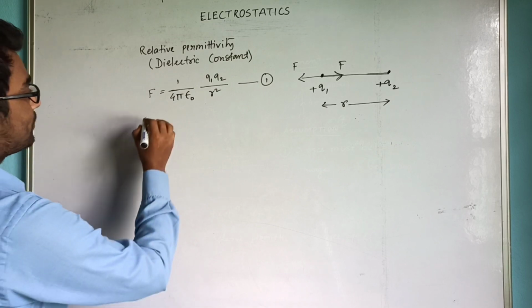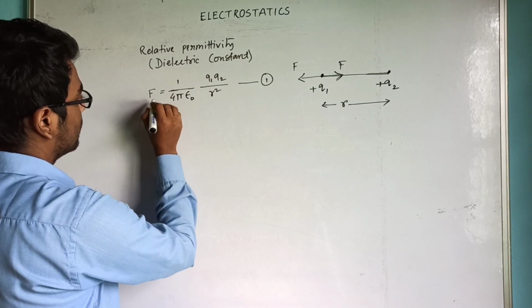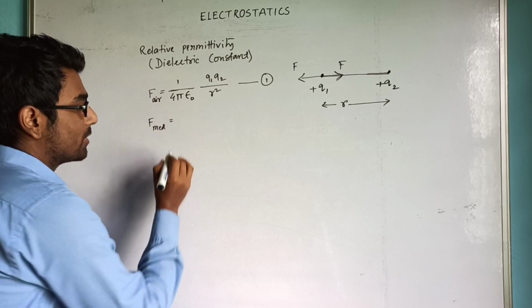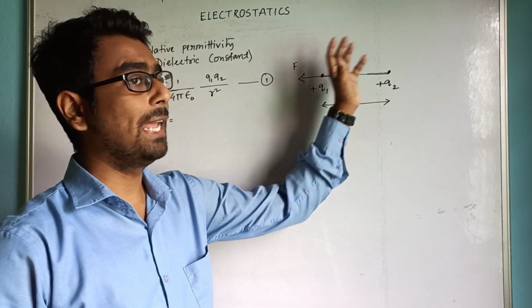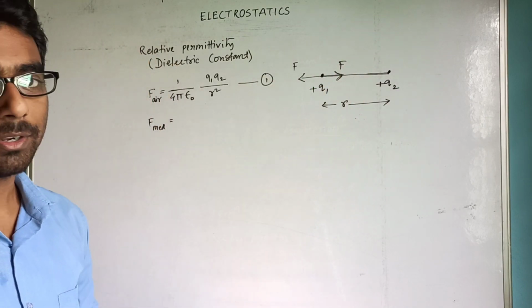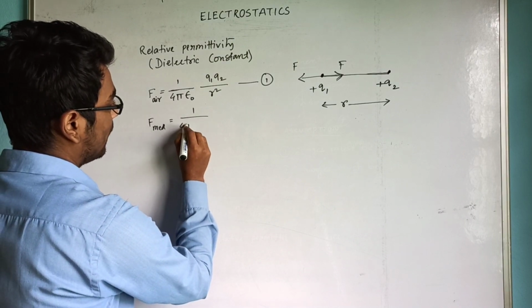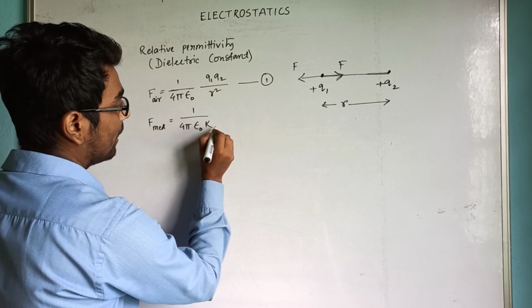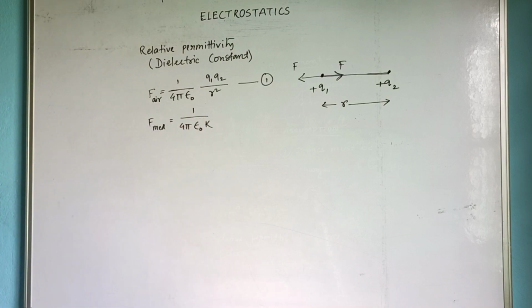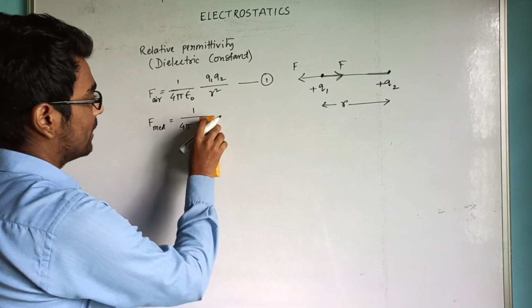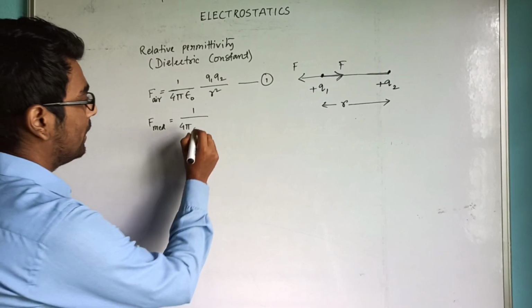Now suppose this force is in air, suffix air, and the other is in any medium. Suppose both the charges are kept in any medium other than vacuum or air, in that case it will be 1 by 4 pi epsilon naught k. There will be a k term, or in a simple way we can write it as epsilon, only epsilon.